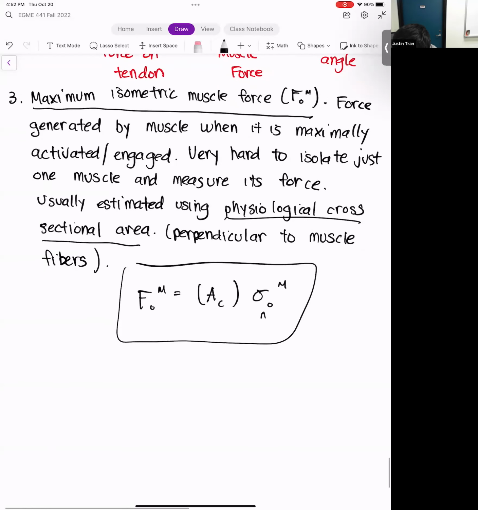For sigma OM here, this is what's called peak isometric stress. And for human muscle, this is around 0.3 megapascal. Okay. And so you're going to measure the cross-sectional area multiplied by 0.3 megapascal, so you get the maximum force. Okay.